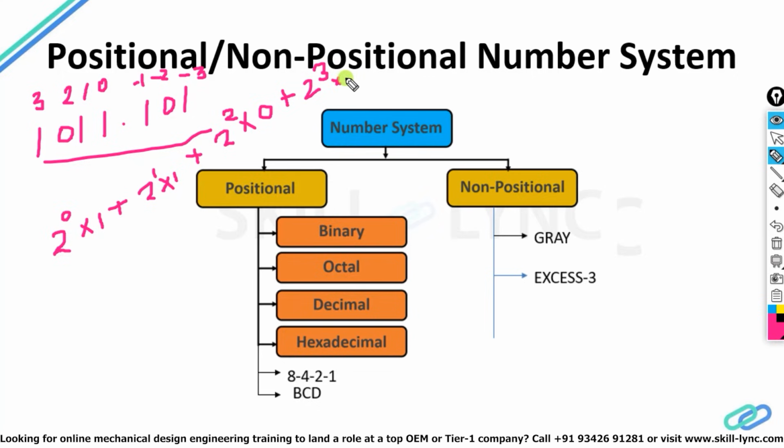Similarly you can take the values as 2 to power -1 into 1, plus 2 to power -2 into 0, plus 2 to power -3 into 1.